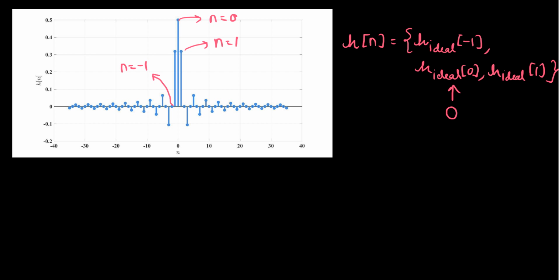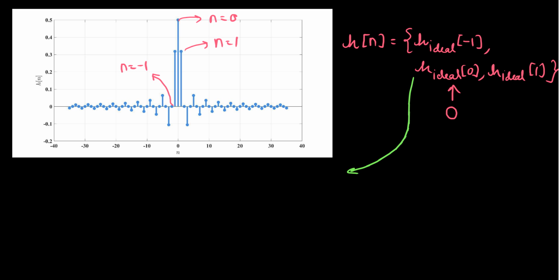So what we have is a finite duration signal, a finite duration impulse response, which is nothing but this h of n given as a sequence h ideal of -1, h ideal of 0, h ideal of 1.